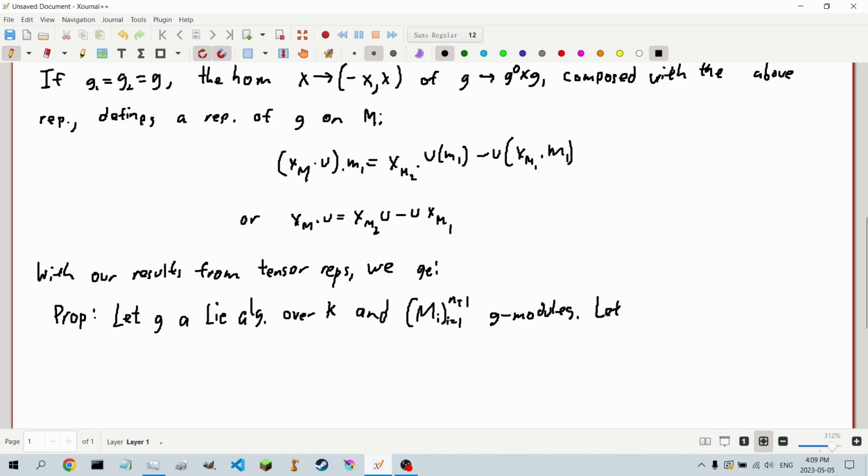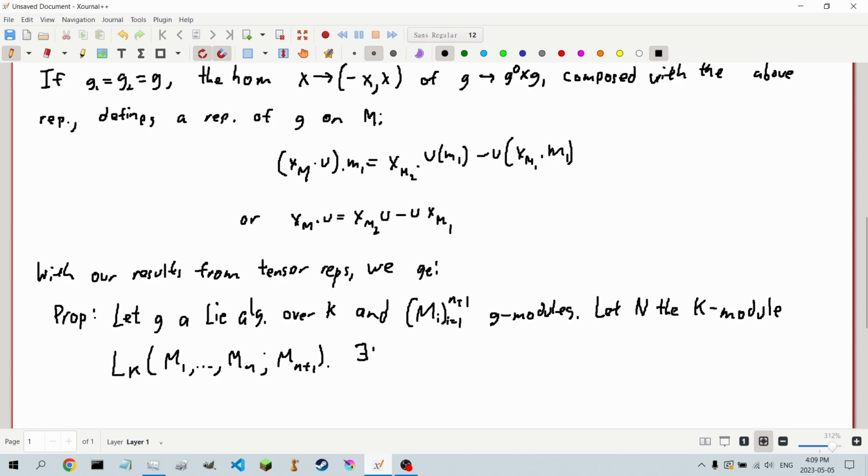We're going to let N be the K module of L_K of M1 through Mn to Mn plus 1.